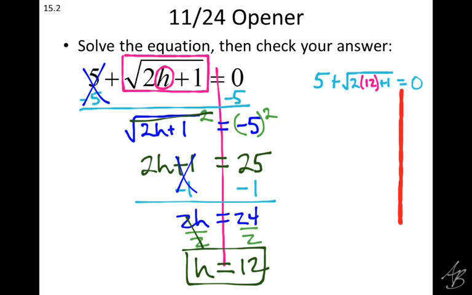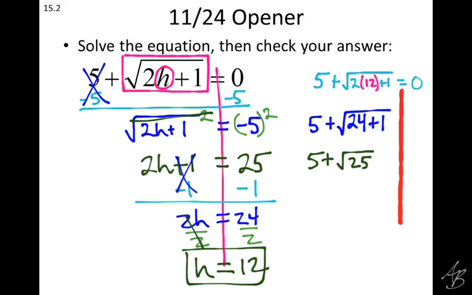We multiply. So 2 times 12 is? 24. So inside that square root we have 24 plus 1. And then we have the 5 out here. And then we can do the 24 plus 1, which is 25. And we still have that plus 5 out here.